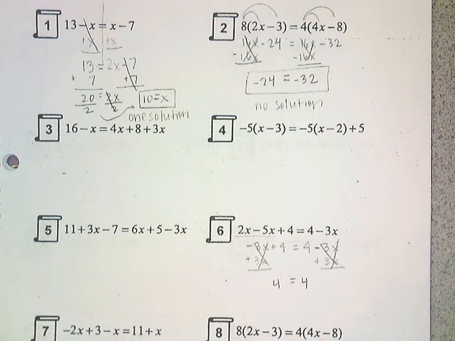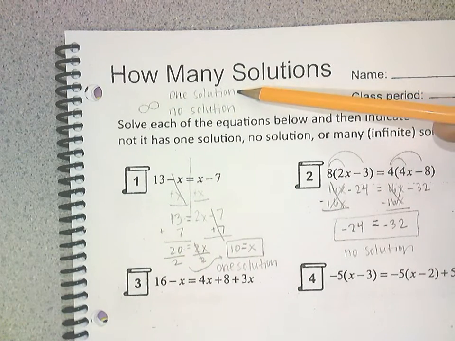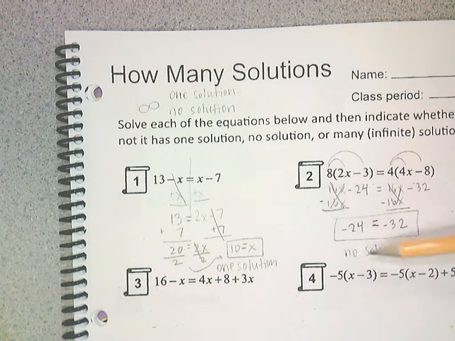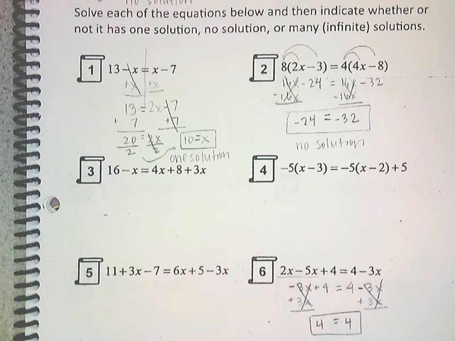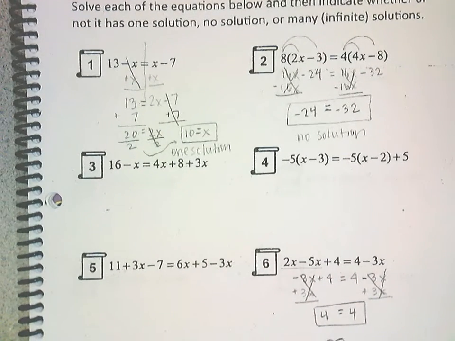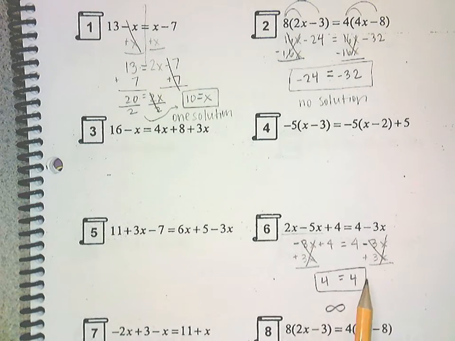And when the answer equals each other, when it's the same thing on both sides, going back to our 3 choices, it's not one solution, it's not no solution, but it is infinite solutions. So underneath your answer, you would put infinite, because the answer equals each other.